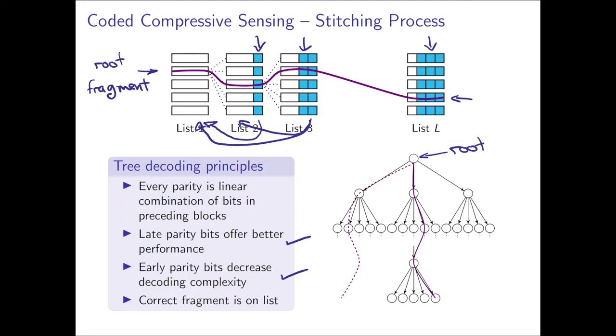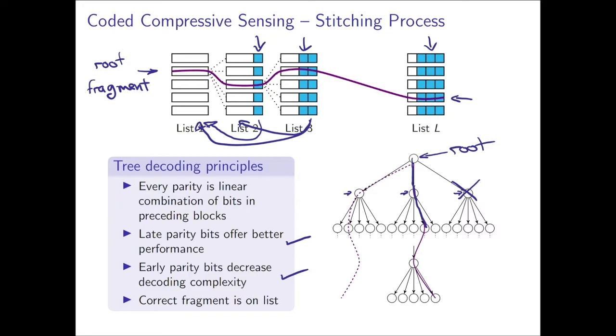Conceptually, the decoder starts from a root fragment. It considers all the blocks on the second list and checks whether their parity pattern matches the parity pattern generated by the first fragment. The blocks that do not match the parity pattern are discarded immediately, whereas the other blocks are retained for further analysis.